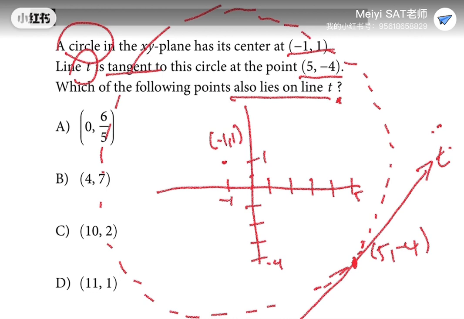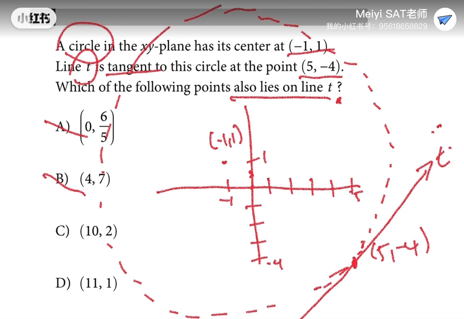So just looking at our picture, we know that 4, 7 and 0, 6 fifths are probably not the correct answer, because those points lie somewhere here on the circle rather than on line T. Now we're left with the choice C and D. So is it 10, 2 or 11, 1? You have a 50-50 chance of getting the correct answer, or you can also calculate it by hand.